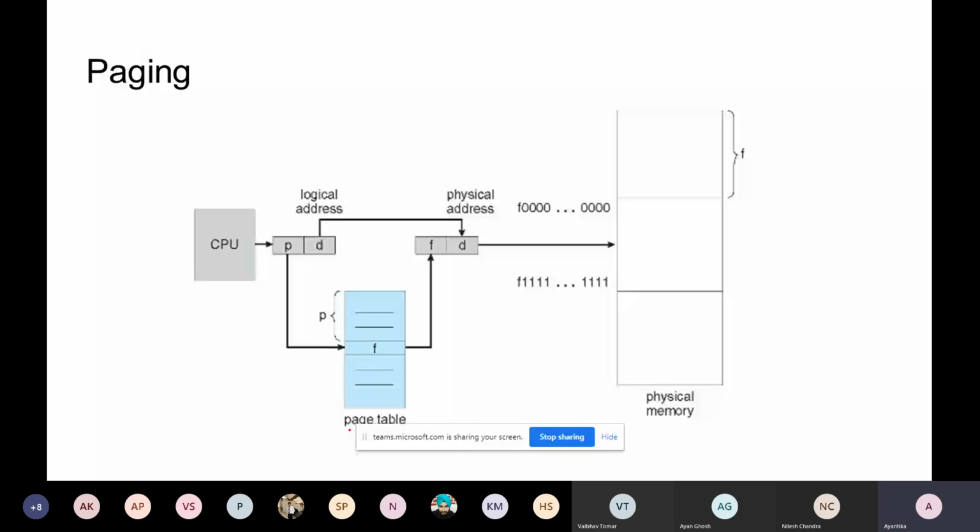So you check in this page table for that particular page what the frame number is. The page table provides this frame number, along with the offset in the logical address. So what is the total address and up to which part you will go.